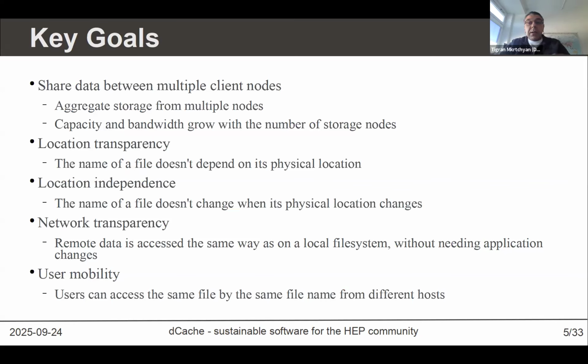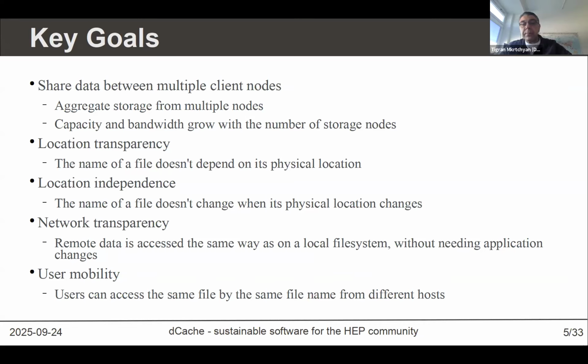Good. So what are the key goals that dCache was trying to address? One is location transparency. The user shouldn't know which file lives on which data server, we take care of that. Then location independence: the file name doesn't change if we move a file from one data server to another.